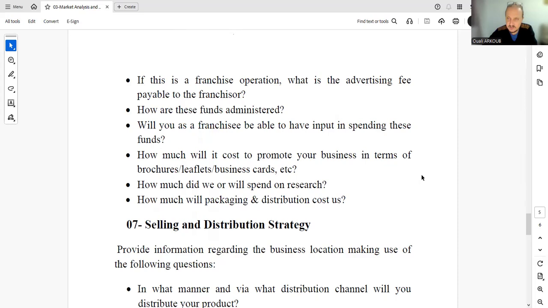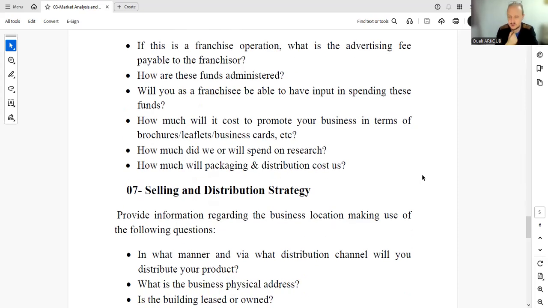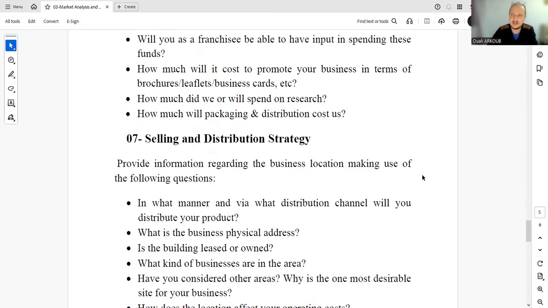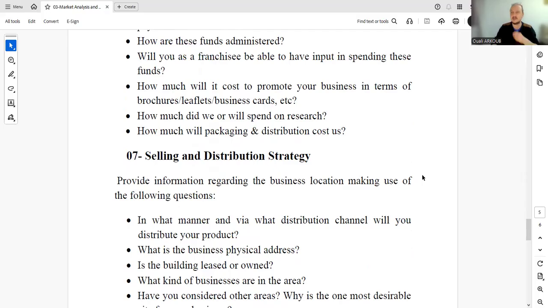Also, another strategy, the strategy of selling and distribution. Placement is selling and distribution.